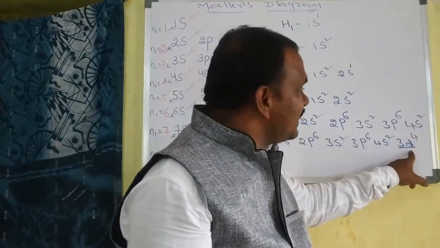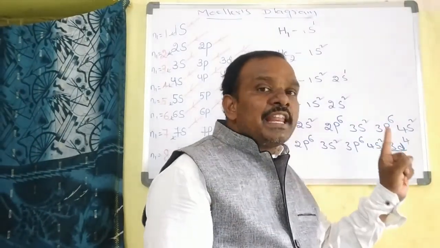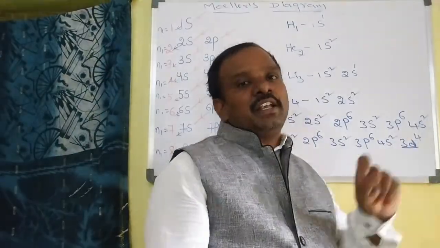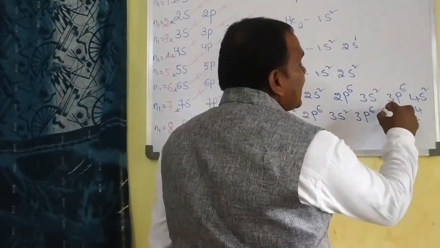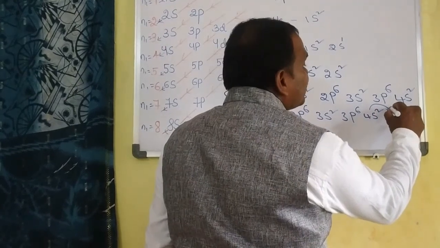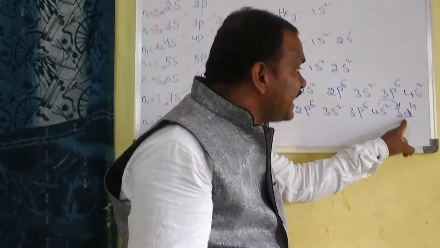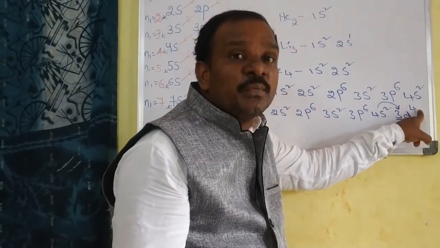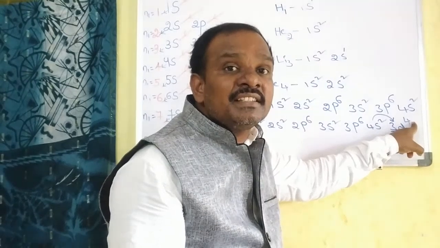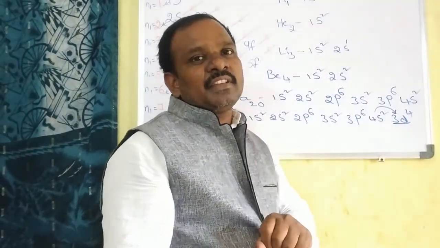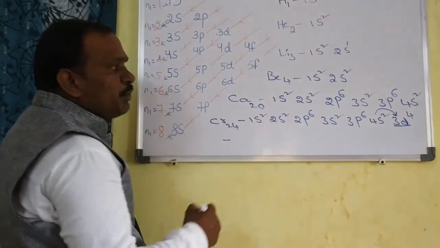See here, 3d4 means only one electron is short of half-filled. So here one electron is transferred from the 4s orbital to the 3d orbital, then 3d4 becomes 3d5, means it becomes half-filled, means it gets stable.